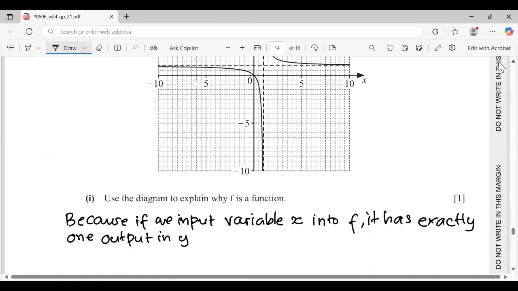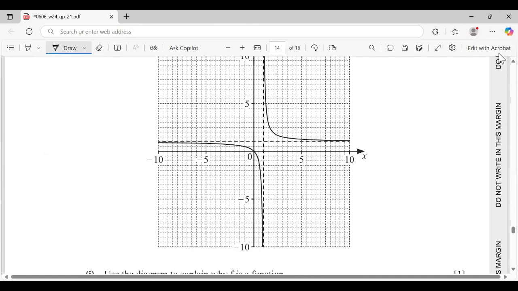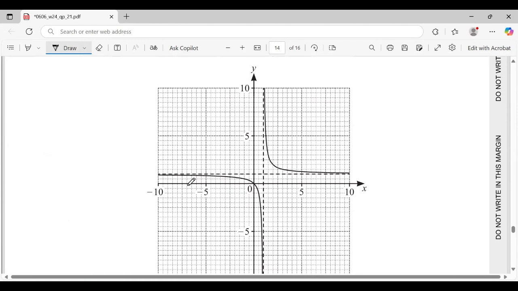So you can see here that all x, all the domain, each x has only one output. If minus 10, it has only one output.